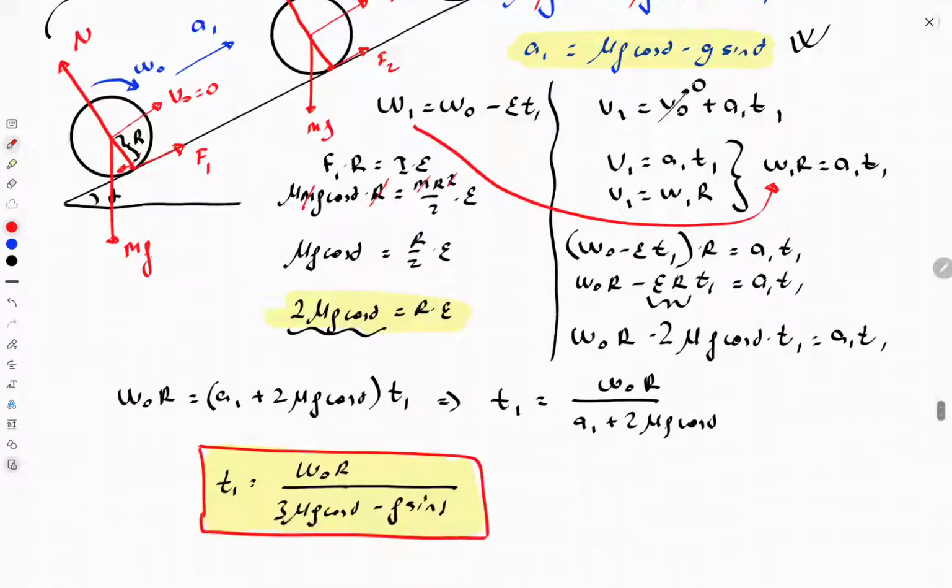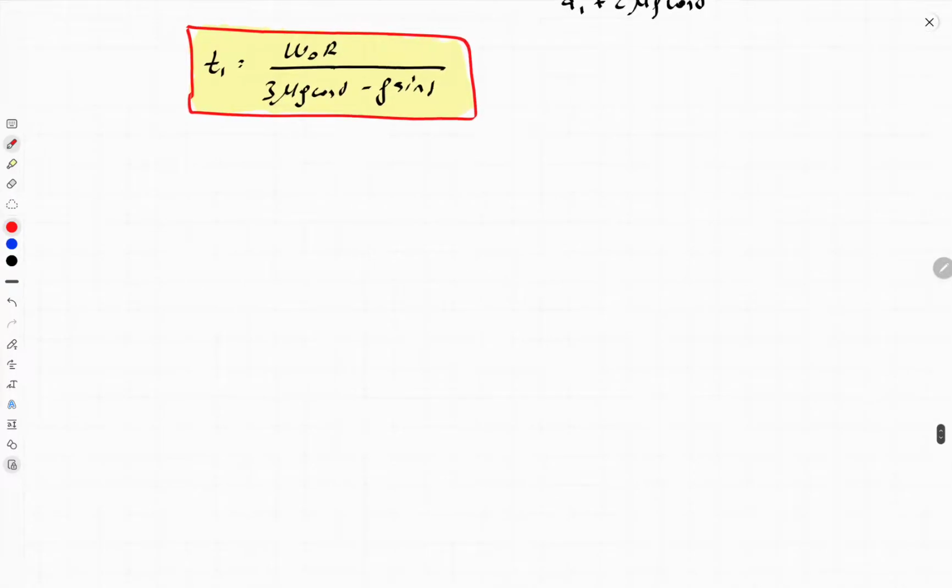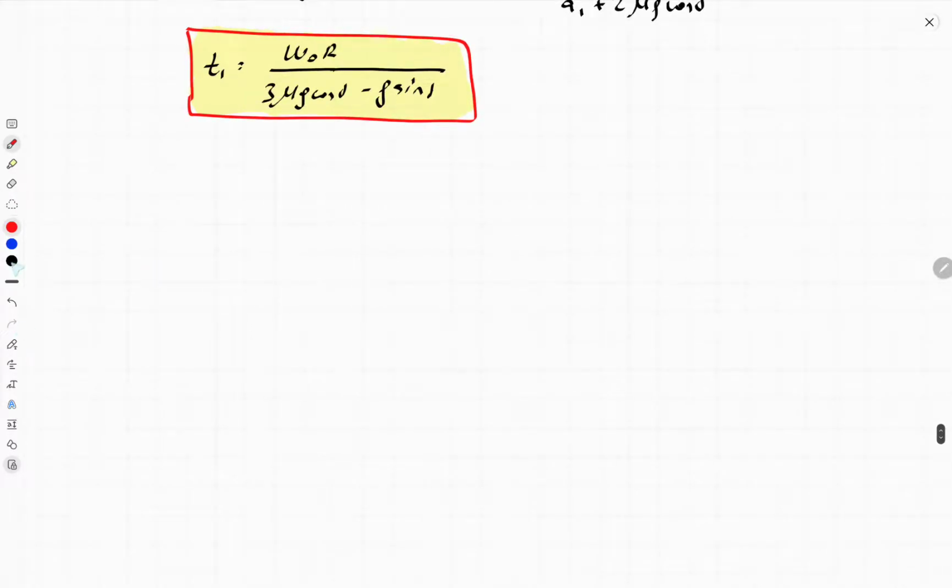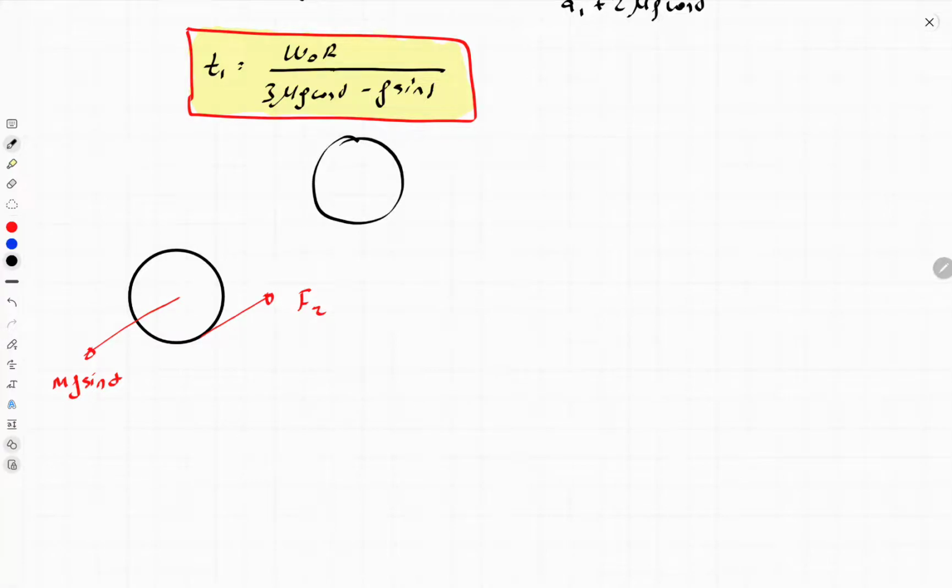So basically, let me draw it here again. Upward, we have friction force 2. In this direction, we have mg sine alpha, and it will stop somewhere here.